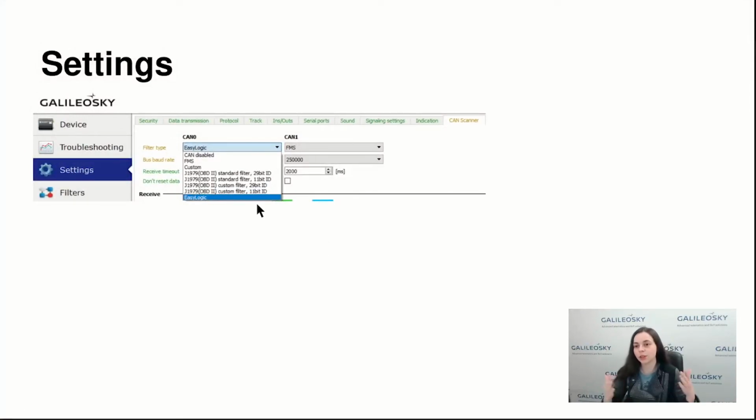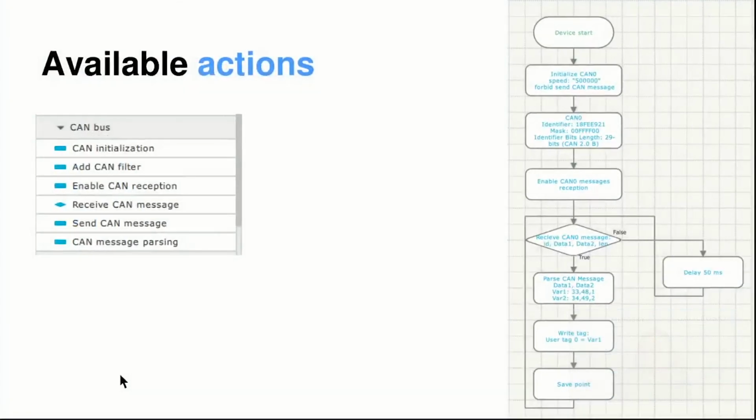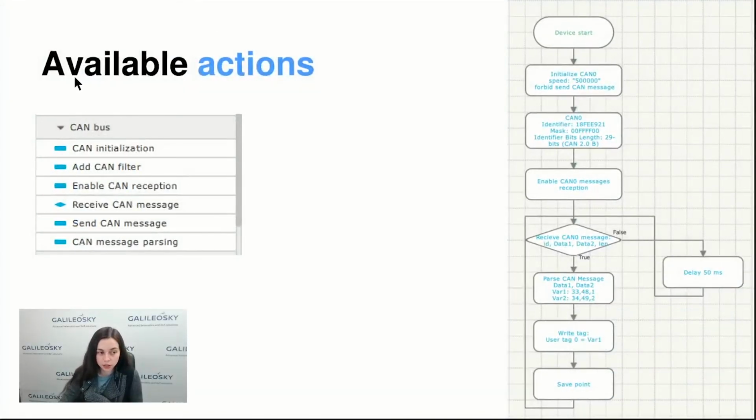Okay, now we are actually going to the exact details of the lesson. First of all, when we are talking about usage of CAN bus in EasyLogic, we need to set up here in settings the EasyLogic variable in filter type in order to work with this CAN data flow in EasyLogic. It is very important. Please don't forget to do this. We have CAN bus blocks in EasyLogic.